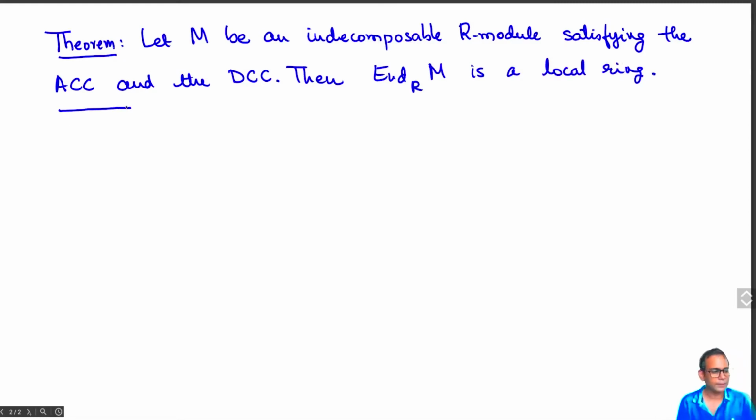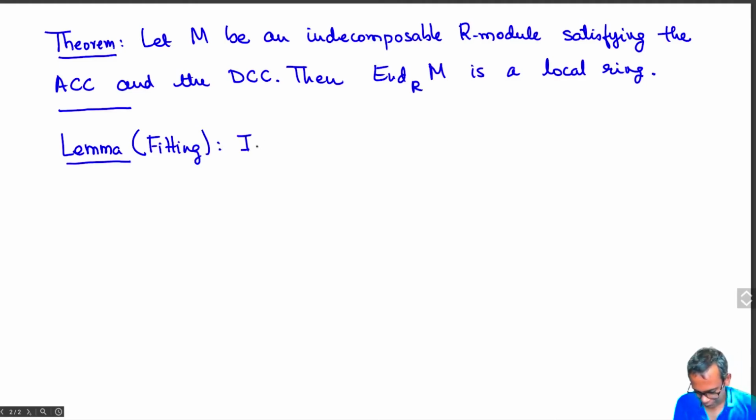So before proving this, we will prove a certain lemma, and this lemma is due to a mathematician called Fitting, and it says that if M is as above, or maybe we just need if M satisfies the DCC, in fact.